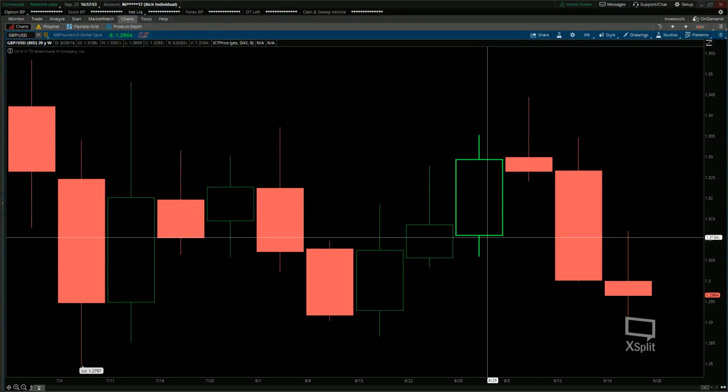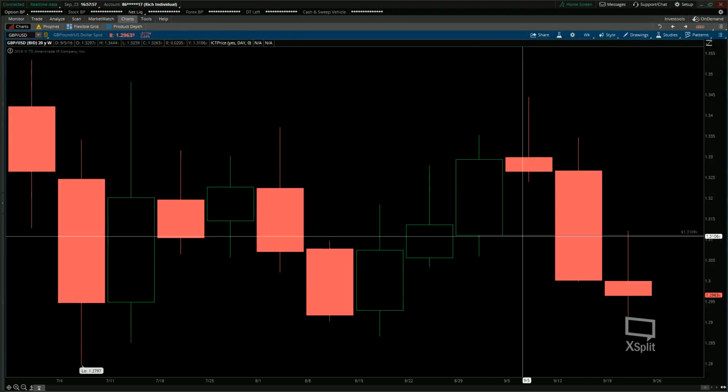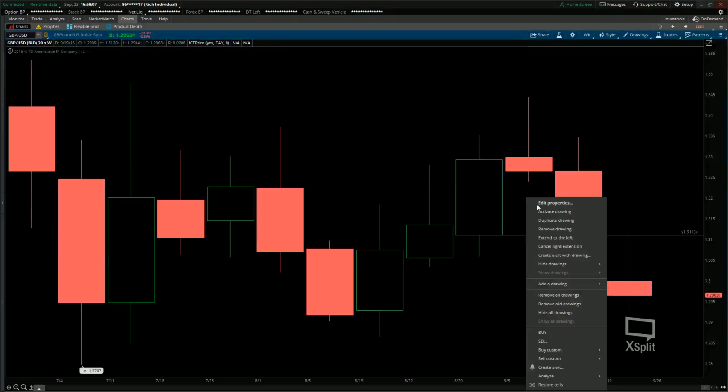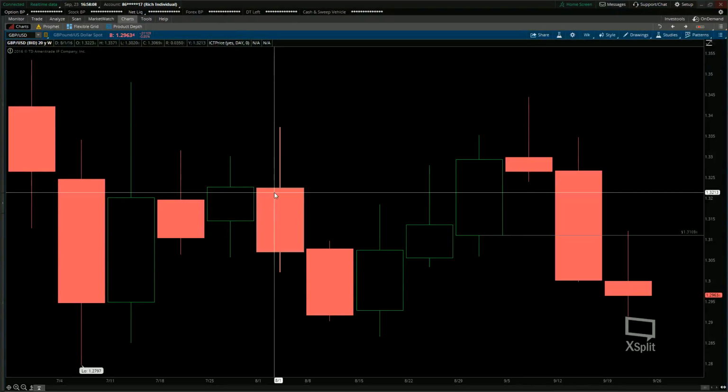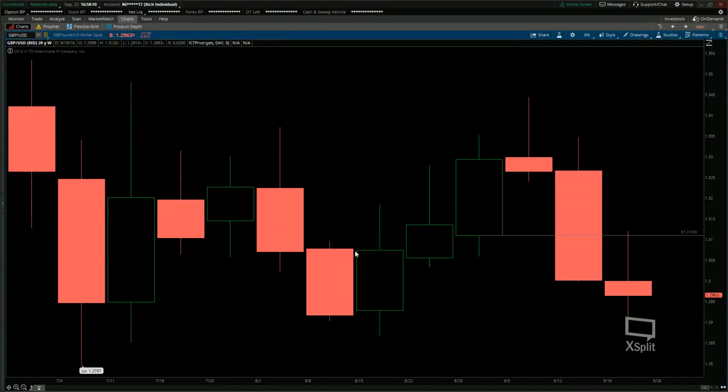So if we take this weekly order block here, I do weekly in green, so that way I know what my levels are without even having to think about it.